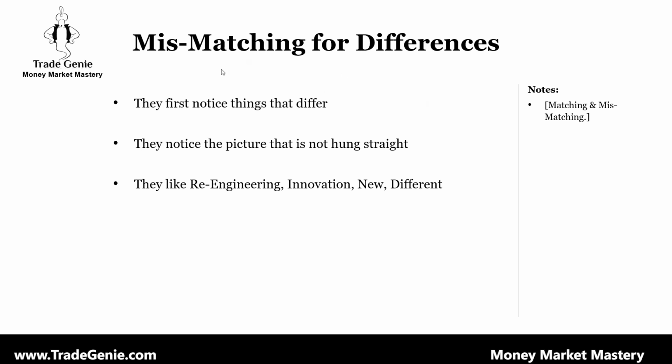Now, mismatching for differences. There are people who mismatch for differences. They are looking for things which differ. The thing which differs is, say, four pans lined up and one pan is not lined up, or four pans are the same color and one is different. This is where the anomaly is. Anomaly is the way you need to dissect any trade, and also the volume. The people who mismatch for differences first notice things that differ.